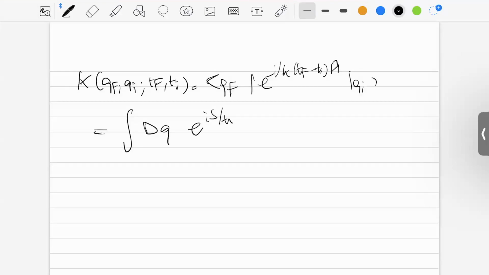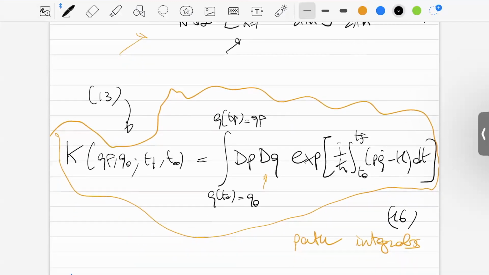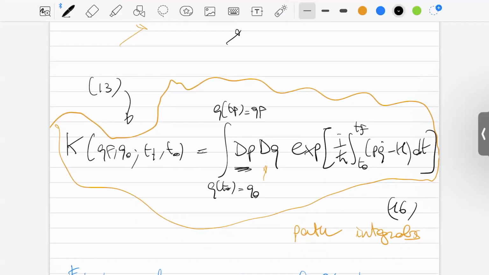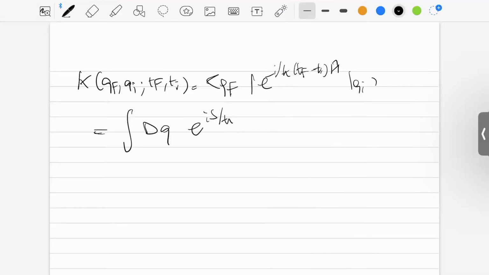In the previous result, I also had an integration over the momentum. But if the Hamiltonian is a quadratic function of the momentum, then the path integral can be simplified, and you get only this expression here.